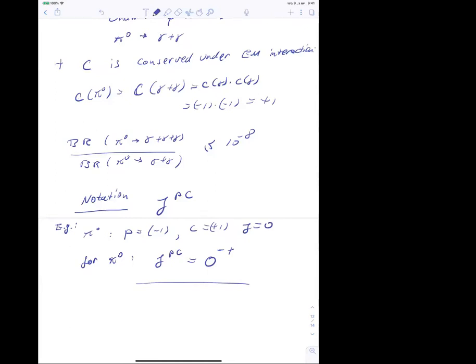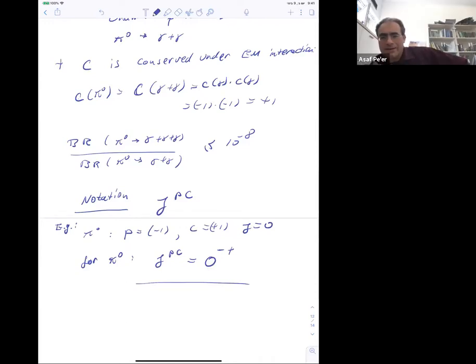Well, what about weak interactions? Exactly. That is the exception. It can happen via the weak interactions, but then again, the probability is much weaker. You're right, this can happen via the weak interactions.